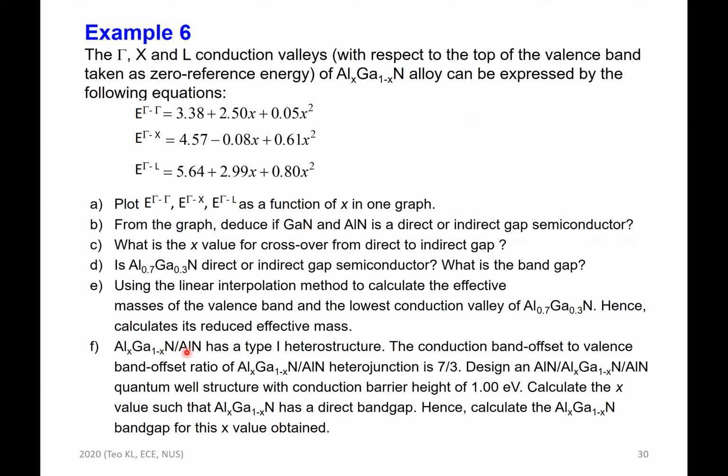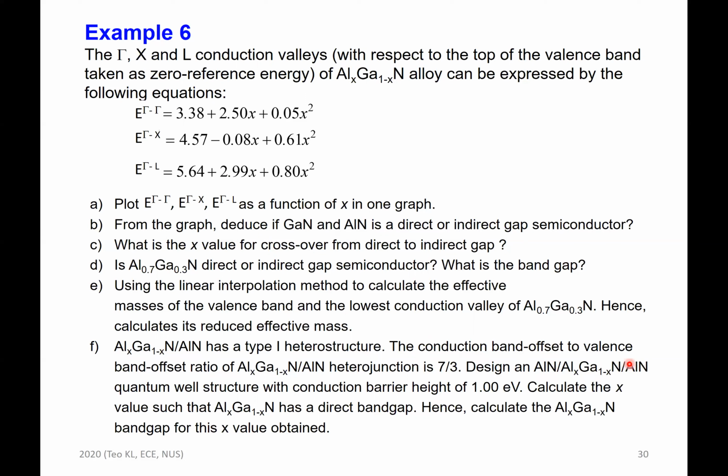Aluminum gallium nitride has a type 1 heterostructure. The conduction band offset to the valence band offset ratio of the heterojunction is 7/3. Design an aluminum nitride, aluminum gallium nitride, aluminum nitride quantum well. So basically, aluminum gallium nitride is the well.